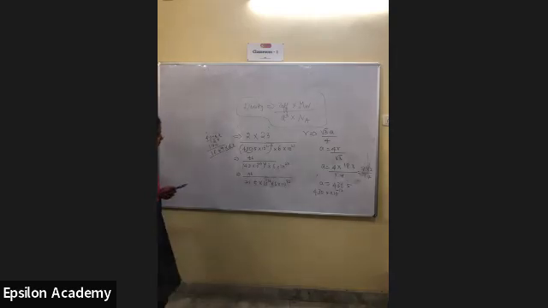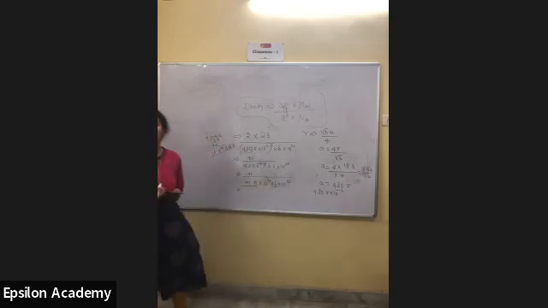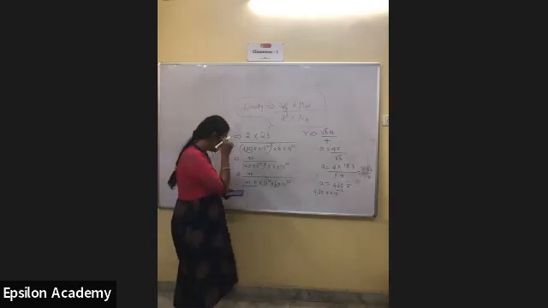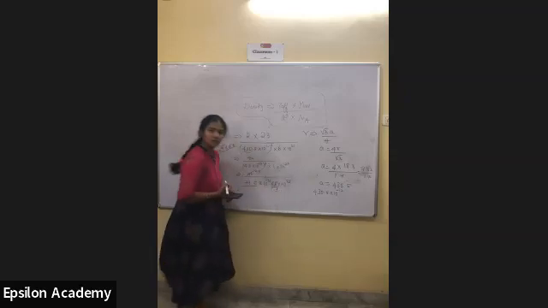Correct me if I'm wrong. Now multiply 79.5 and 6. Now we can cancel 23 and 3.